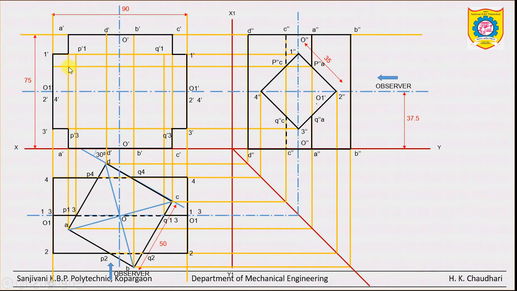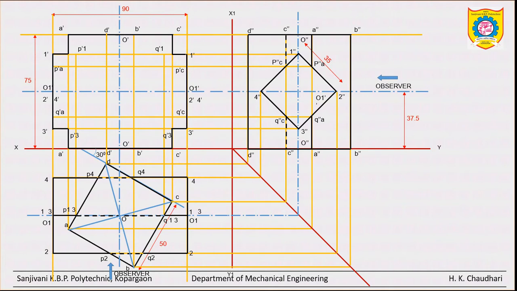So this point will be P dash A. Similarly the same line of projection for P double dash C: observe the C edge, this point will be P dash C. Similarly for Q double dash A and Q double dash C, we can locate by taking the projection. Now see, this point is Q dash A and on this side Q dash C. Now we have more points.